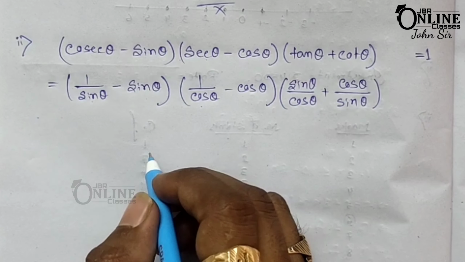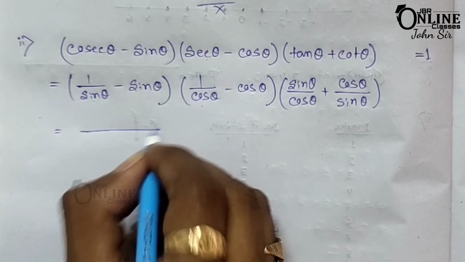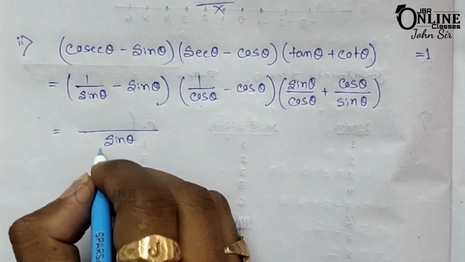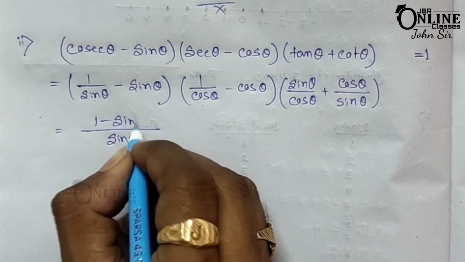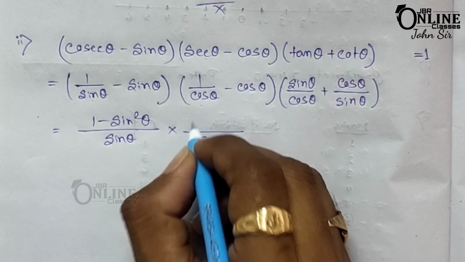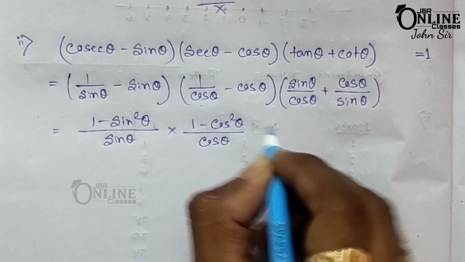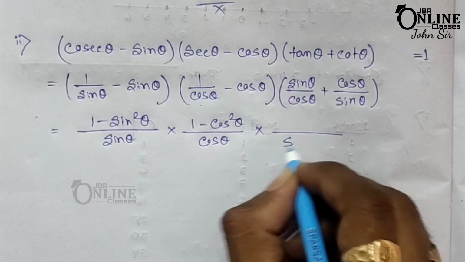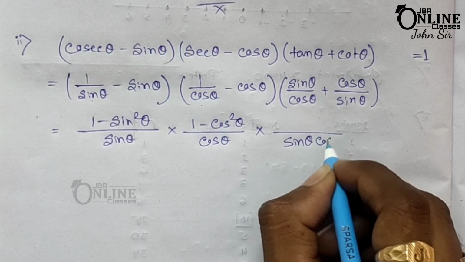Okay, now here the LCM is sin theta, so it becomes 1 minus sin square theta. Here LCM cos theta, so it becomes 1 minus cos square theta, and here LCM sin theta cos theta.